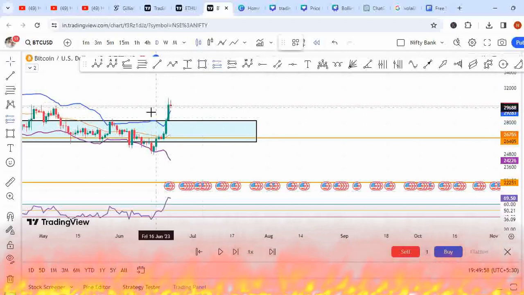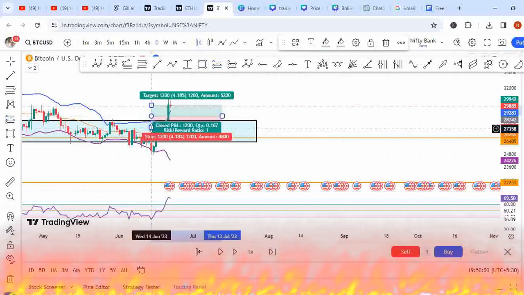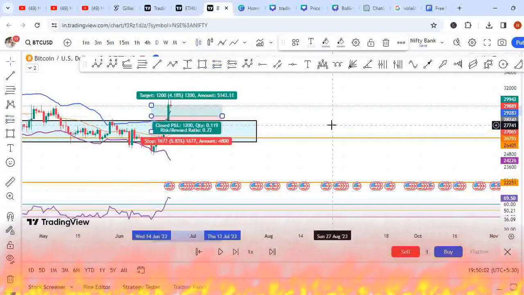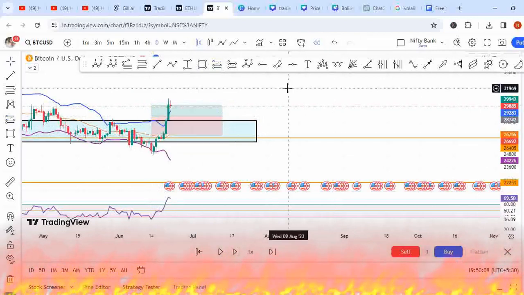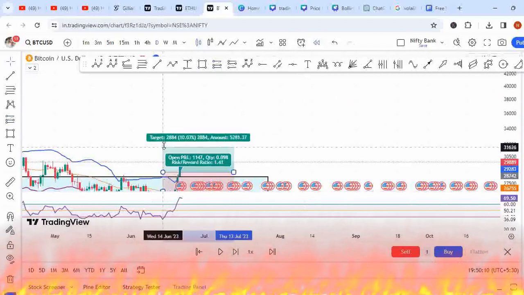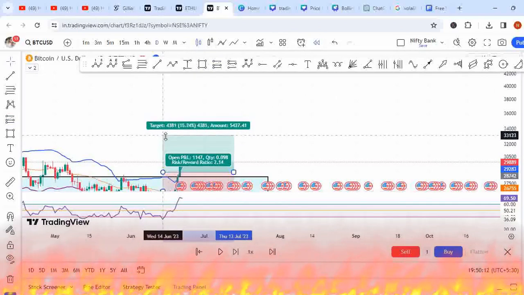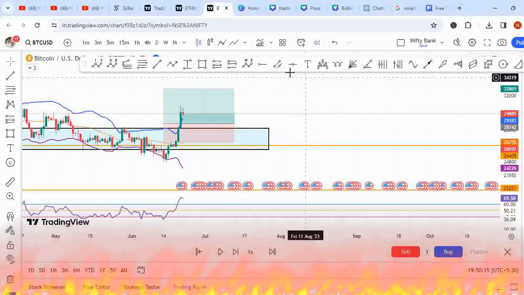You can enter into the trade. Keep this low as your stop loss. Risk to reward ratio should be 1:2 minimum. So let's check it.